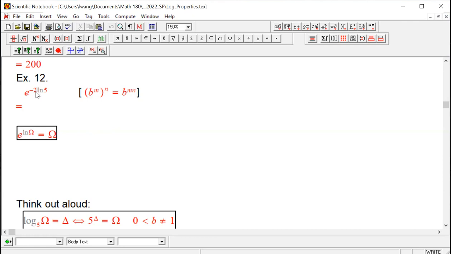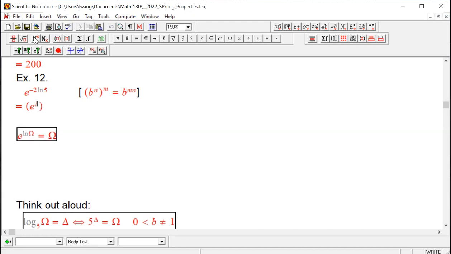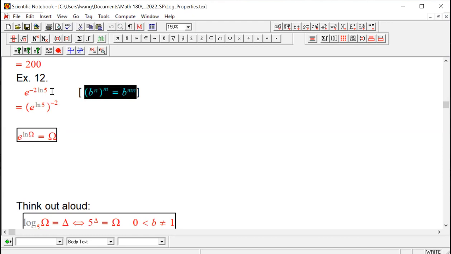So our m is -2, our n is ln 5. You can do any order you want; you can put the n inside, m outside. It makes no difference. But anyway, we're going to have e to the power of ln 5, and then to the power of -2. When you multiply these two powers, like we have it here, you're going to get back to where we started.